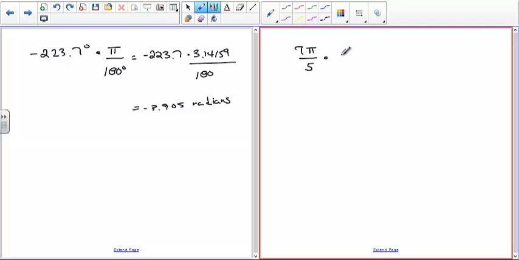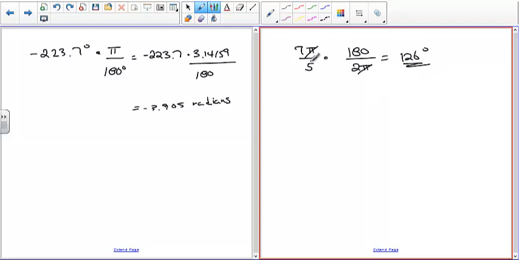So all you do here is you're converting from radians to degrees. So you take 180 and you divide by 2 pi, and then you just plug those in. You can see the pi stuff cancels out. So you could almost do this without a calculator. You just take 180 times 7 divided by 5 divided by 2, and I get 126 degrees.